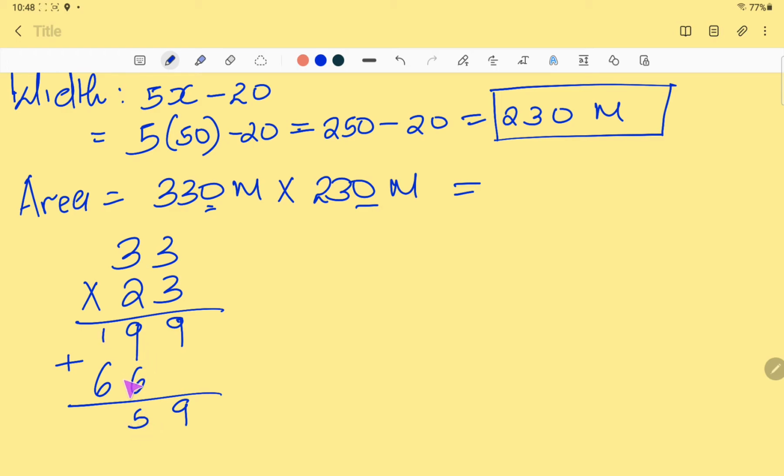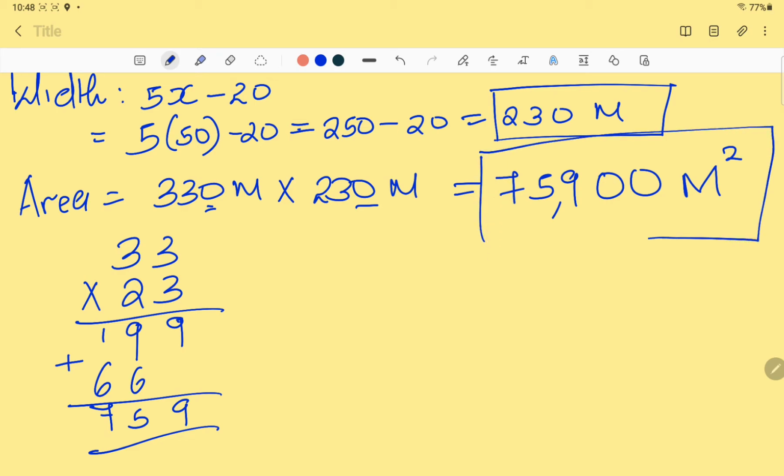You carry 1. 1 plus 6 is 7. So we have 759, and then we add the 2 zeros. So it will be 75,900 meters squared. Okay, so this is the area of the rectangle.